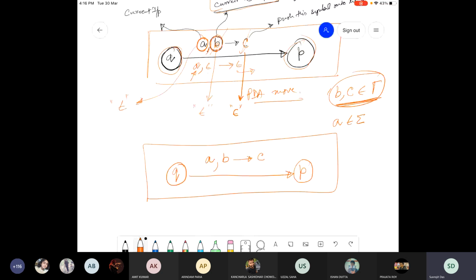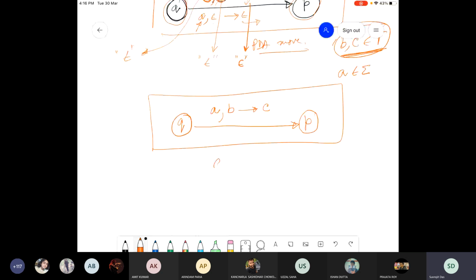If I want to include epsilon interpretations everywhere in A, B and C, A is always an element of sigma, and B and C are elements of tau, because B is the top of the stack that is being read and popped, and C is the symbol that is being pushed on the stack. So B and C together with A give you the unified control of both the input alphabet and the stack alphabet, right?